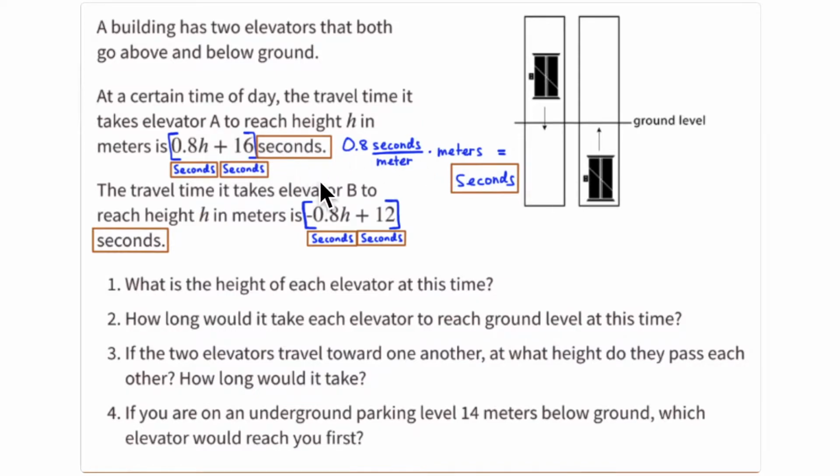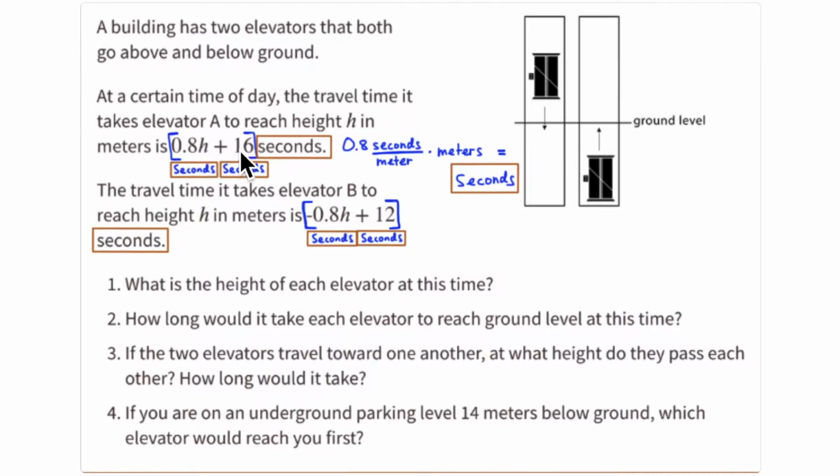So let's see which of these 2 expressions fit which of these 2 elevators, just for a moment. If this is at 1 meter, so a height of 1 meter, this is going to be a positive value. It's going to be 8/10. So that's going to be 8/10 seconds added to 16 seconds. So that's going to be more time than what it takes to get to a height of 0.